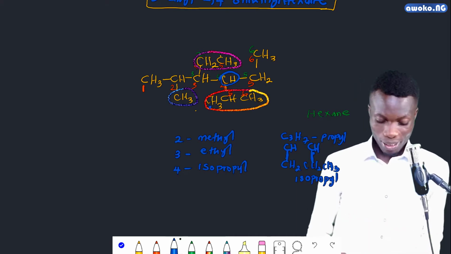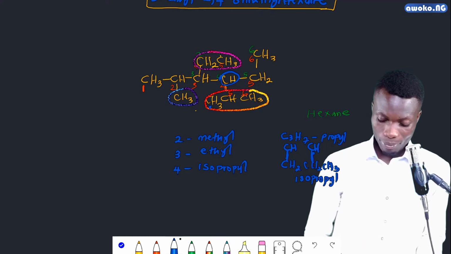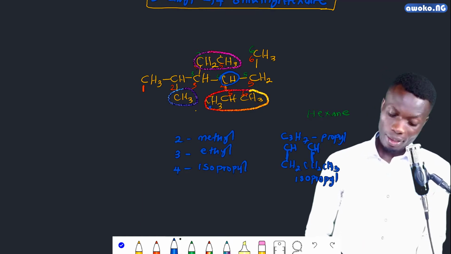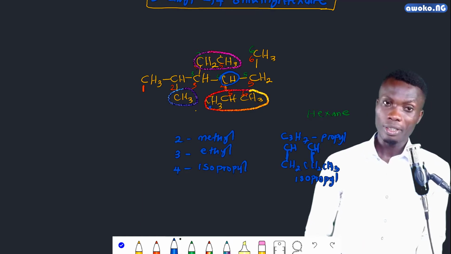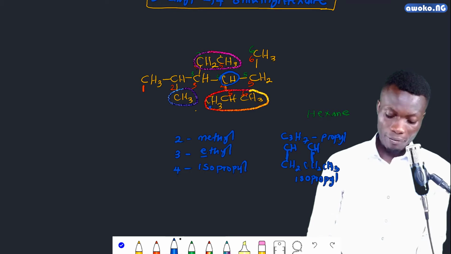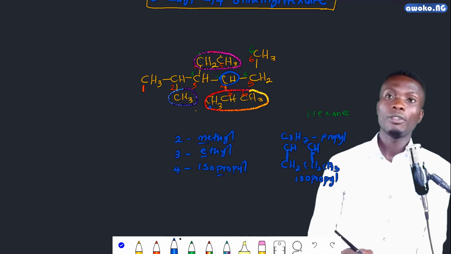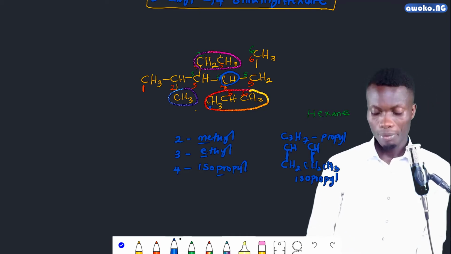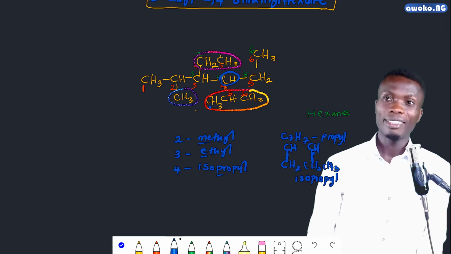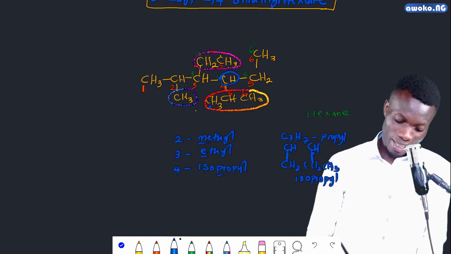So therefore, how do we now assemble these names? Of course, don't ever forget alphabetical order of arrangement. We have E here, we have P, and we have M. So therefore, our E comes first, our M comes, and then our P comes last.